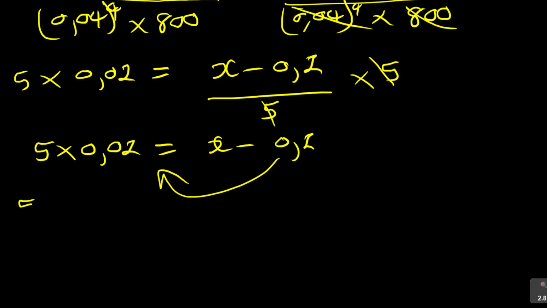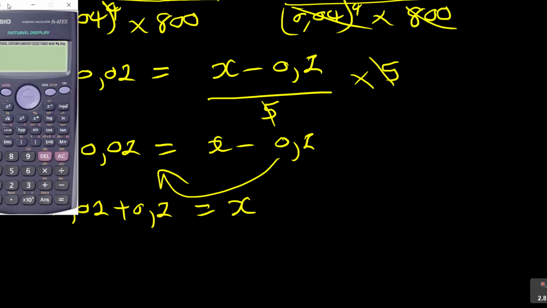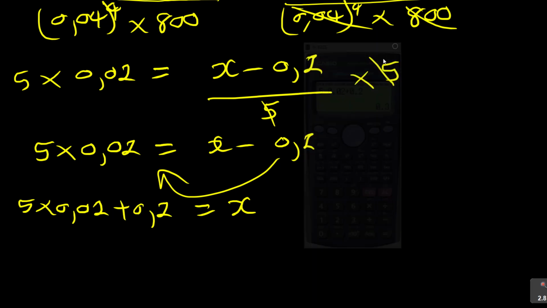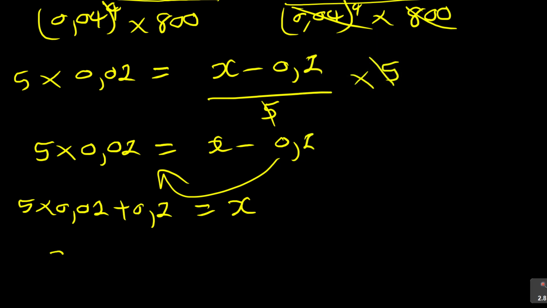It will be 5 times 0.02 plus 0.2 is equal to x. So you can conclude now and say 5 times 0.02 plus 0.2. The answer is 0.3. So you've got x being equal to 0,3 moles. Are you with me, guys?